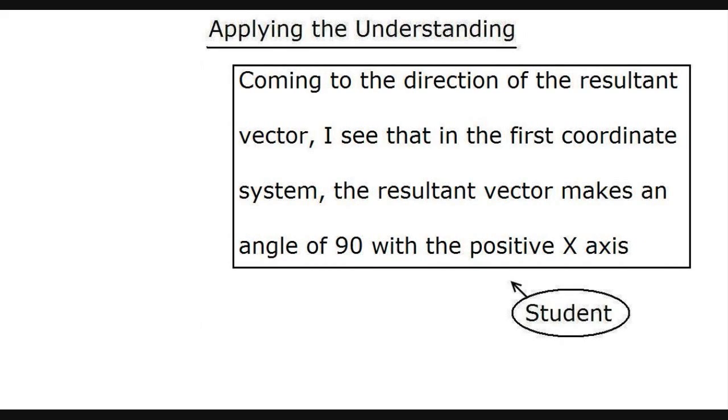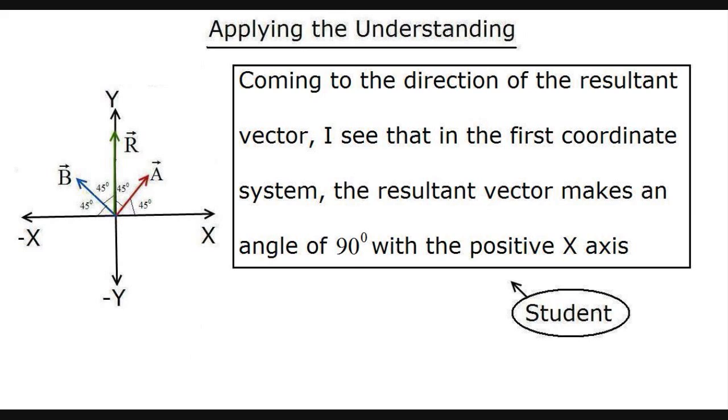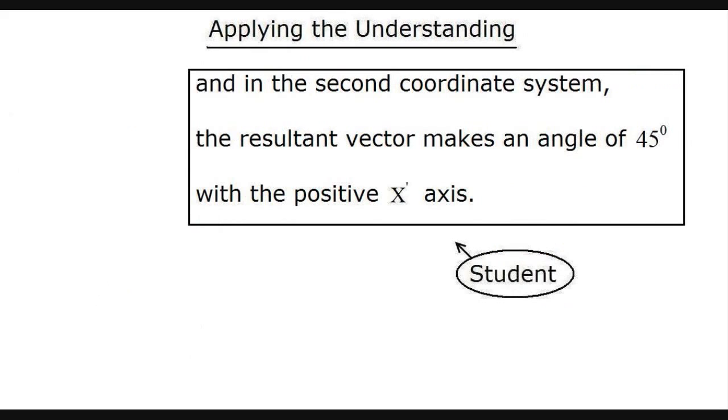Coming to the direction, in the first coordinate system, the resultant vector makes an angle of 90 degrees with the positive x-axis. And in the second coordinate system, the resultant vector makes an angle of 45 degrees with the positive x prime axis.